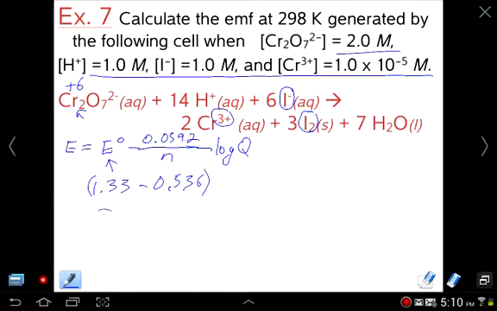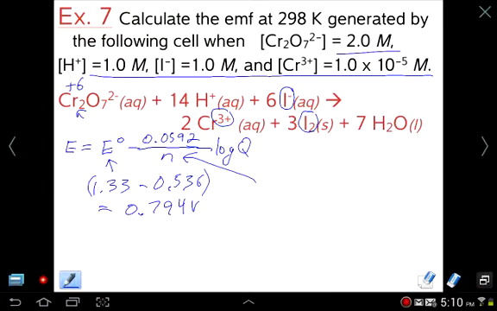Let's go ahead and compute this. Put this into your calculator to get a good number of significant figures. So we get 0.794 volts.